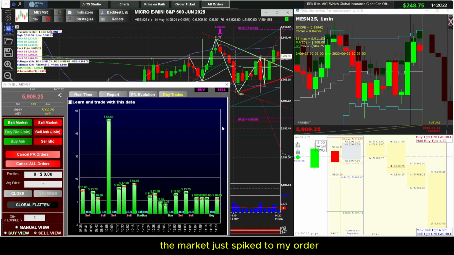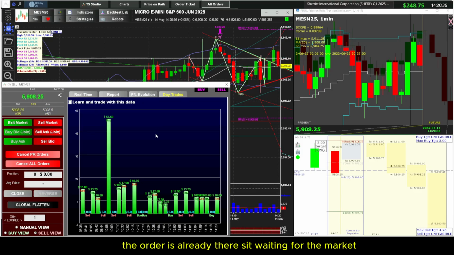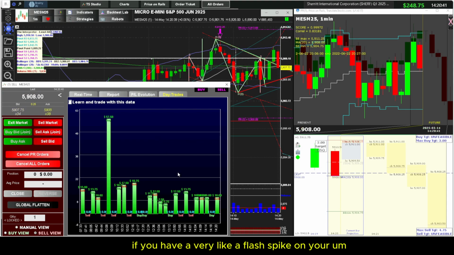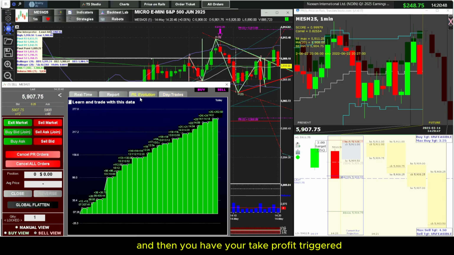The market just spiked to my order. That's the beautiful movement that we like to see when we have this take profit sent as a limit order. The order is already there, sitting, waiting for the market. If you have a flash spike on your position, it just works, and then you have your take profit triggered. Good.